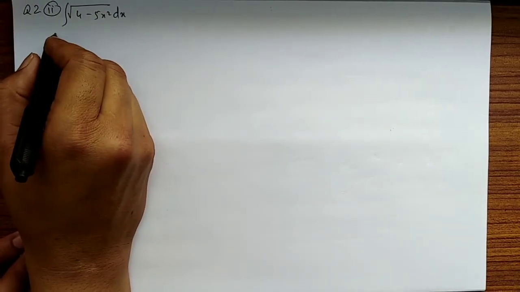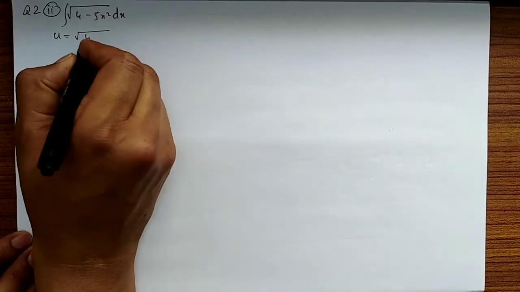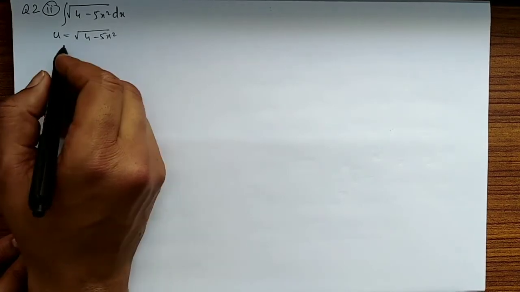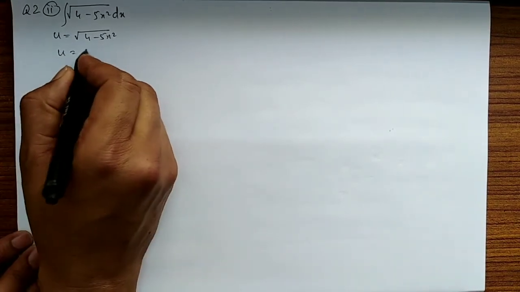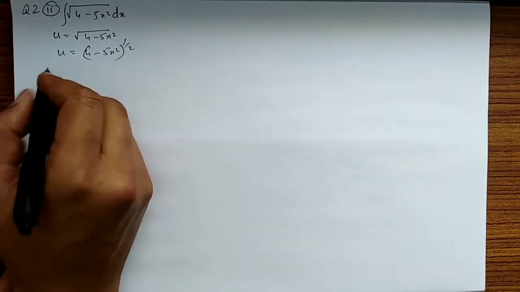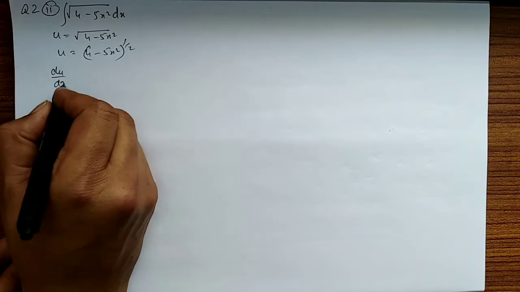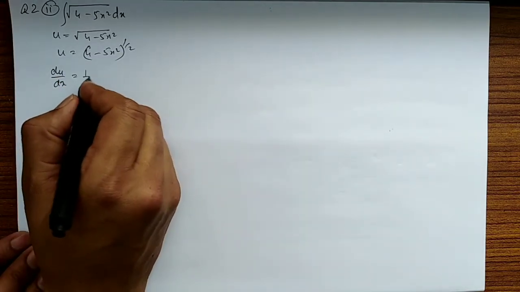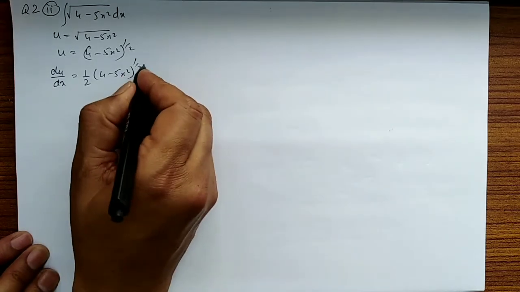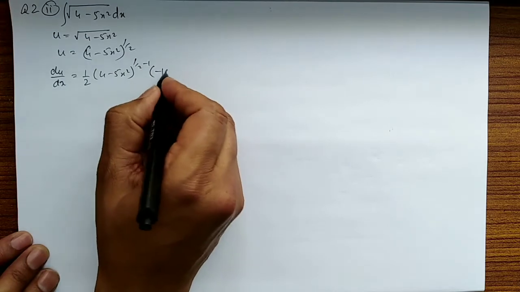Let's take u equals root of 4 minus 5x square, and integrating, u equals 4 minus 5x square whole power 1 upon 2. Taking the derivative of this function, this gives us 1 upon 2 into 4 minus 5x square to the power 1 upon 2 minus 1 into the derivative of the function, that is minus 10x.